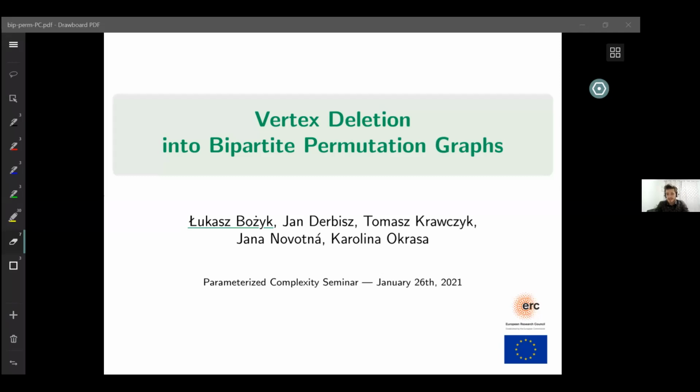This is providing an FPT algorithm for vertex deletion into this particular class of graphs, which are bipartite permutation graphs. And what I want to do is to give you not only the statement and the context, but some insight so that you can feel the flavor of what graph theoretical reasonings are behind.